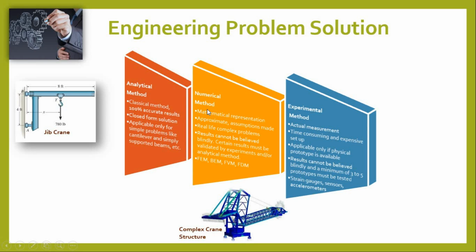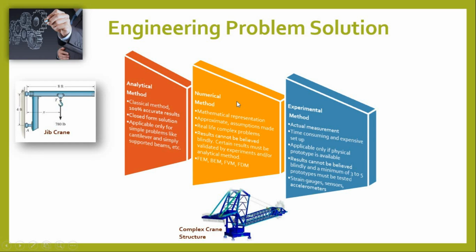Under this there are four methods: FEM, the finite element method; BEM, the boundary element method; FVM, the finite volume method; and FDM, the finite difference method. Most of the problems are solved by these methods, which are called numerical methods.